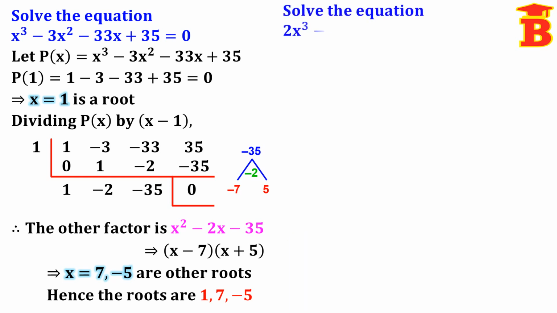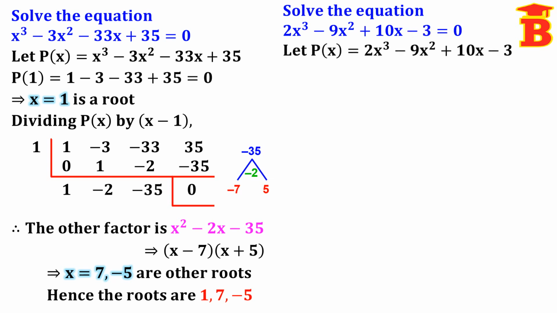Similarly, let us solve the equation 2x cube minus 9x square plus 10x minus 3 equal to 0. Let P of x equal to 2x cube minus 9x square plus 10x minus 3. Now take P of 1, that is put x is equal to 1.